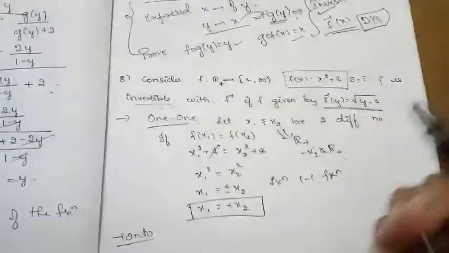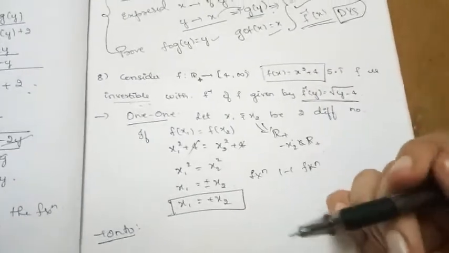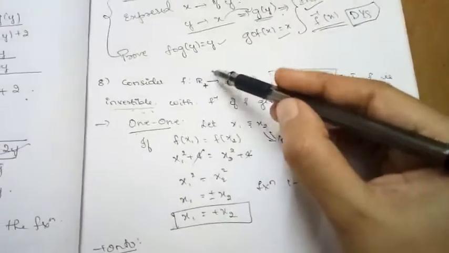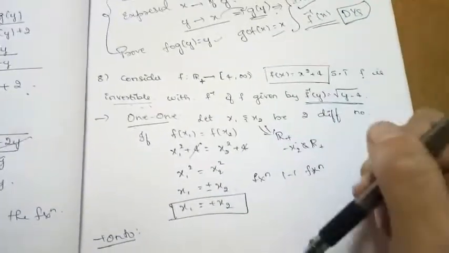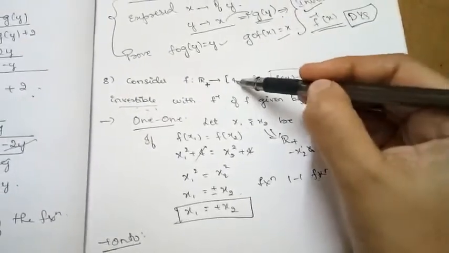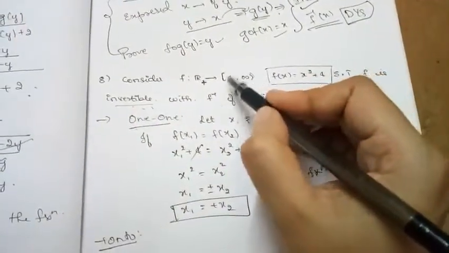To check for an onto function, observe here clearly, the domain is the set of all positive real numbers. The codomain is the set of all real numbers starting from the number 4.